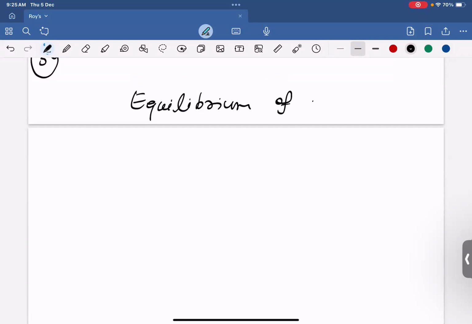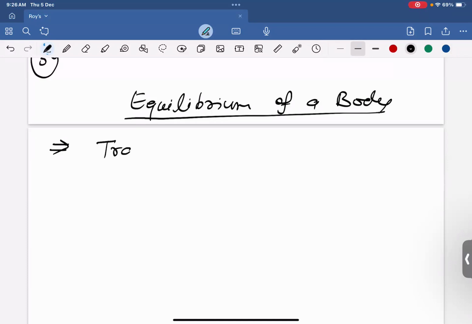For a body to be in complete equilibrium, it should be in both types of equilibrium, that is translational equilibrium.